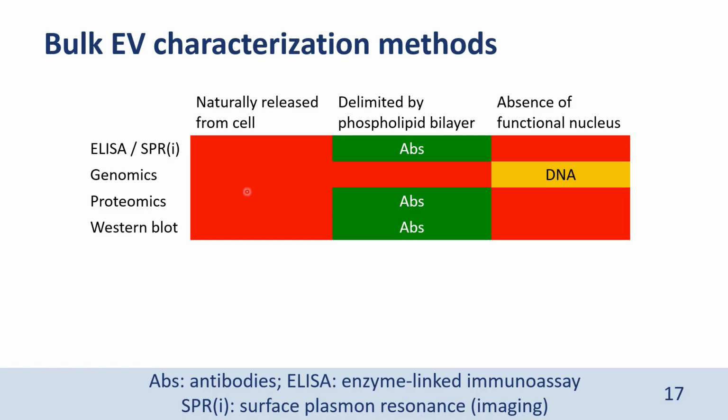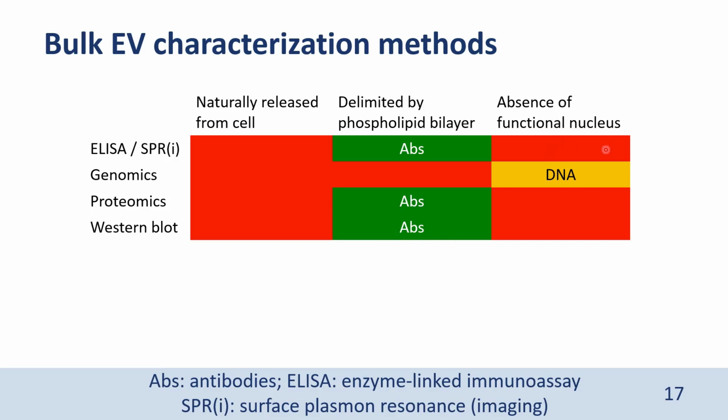You don't have any evidence for that directly from the signals of these techniques. You have indirect evidence that you're dealing with particles that have a phospholipid bilayer, for example, via antibody signals that you can pick up. If the antibodies target an antigen that is transmembrane, then these particles had or still have a phospholipid bilayer.